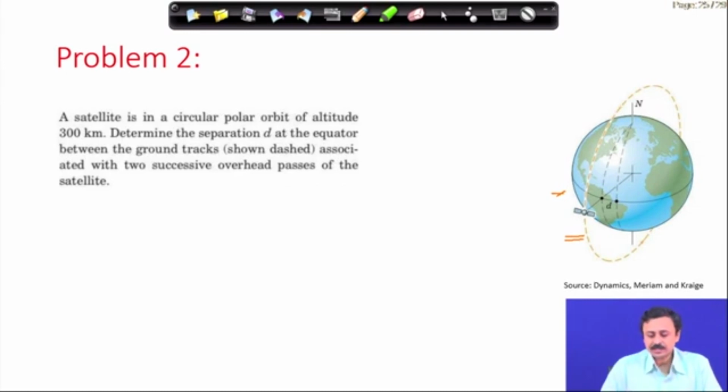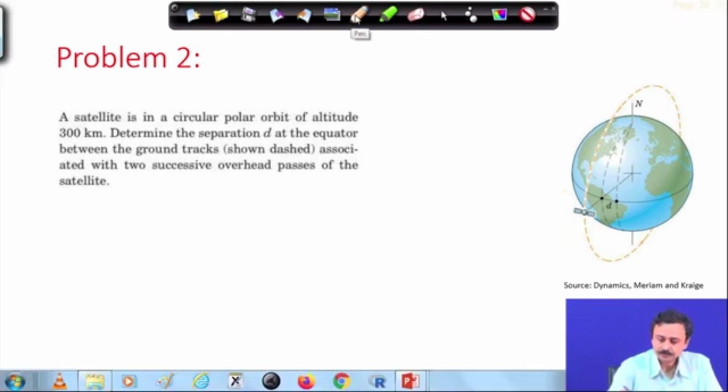Determine the separation distance d at the equator between the ground tracks. They are shown in dashed curves. We have to find out the separation distance d, it is marked here. This is the separation distance. This distance on the equator, we have to find out this distance between the 2 successive track marks.